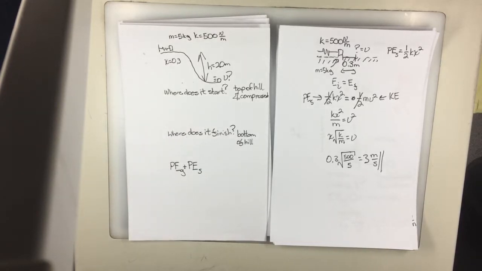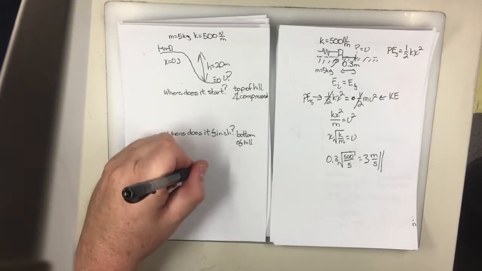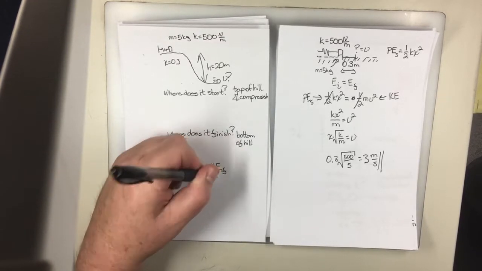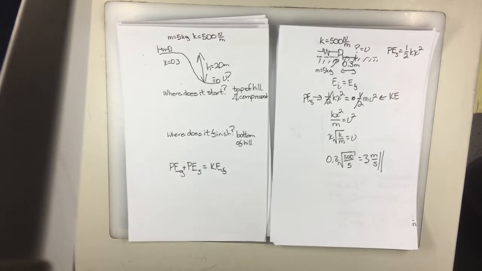It's not moving, so there is no kinetic energy. The final is the kinetic energy. It's at the bottom of the hill, an uncompressed spring, so there's nothing left in terms of potential energy.